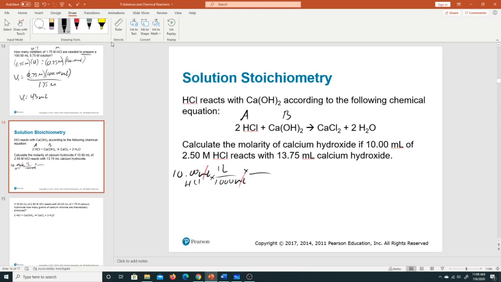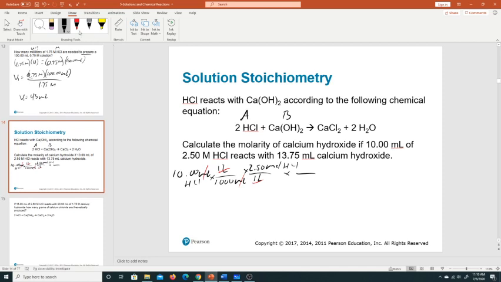That's 2.50 moles per liter. So it's 2.50 moles per 1 liter of HCl. So now liters cancel. Now we use a mole ratio.